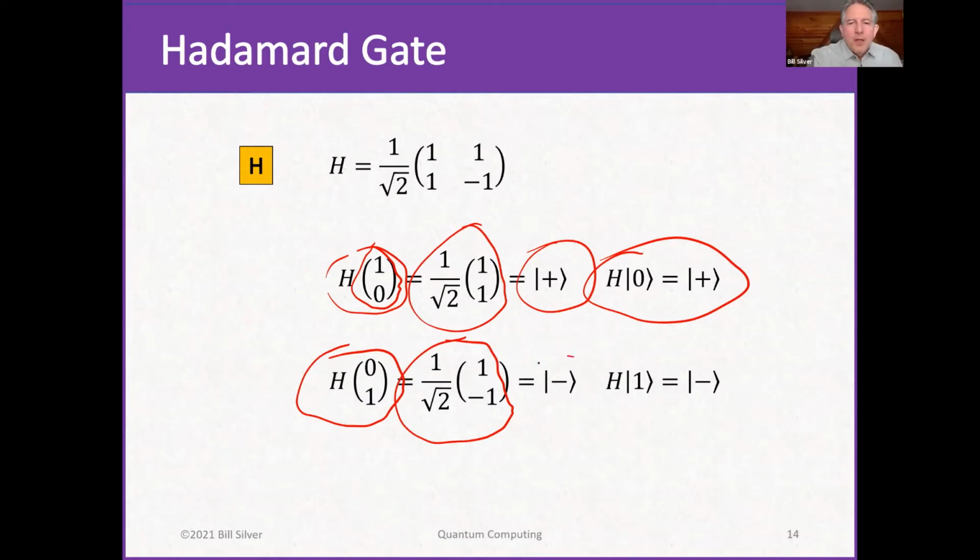That's the shortcut symbol for this state, the state of equal amplitudes but phase difference of pi, and we can write that like this. So that's the Hadamard gate, and we're going to use that a lot when we need to create an equal superposition.